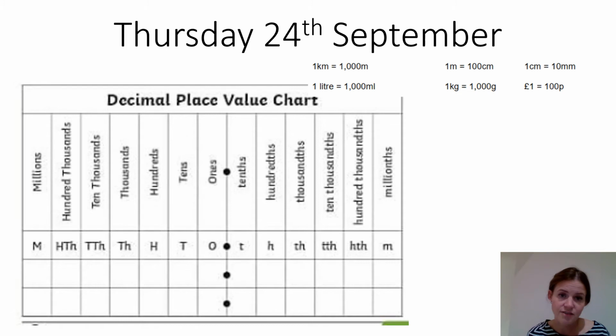You could have 24 over 100. The same principle still applies. I'm dividing that number by 100. I move each digit 2 places to the left. So if you didn't have a go and fully explore that yesterday, then do have a go today and explore that a little bit, maybe before you start the independent task.